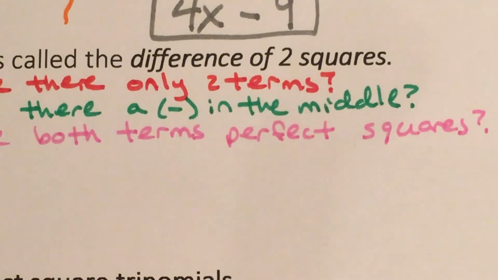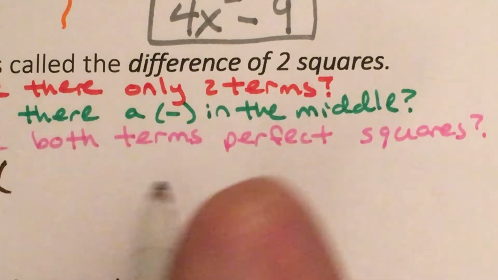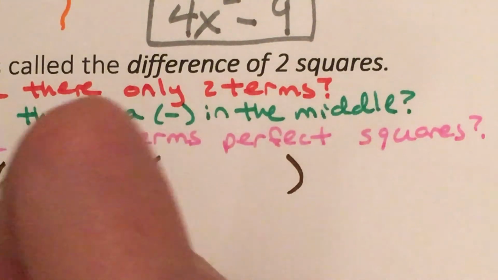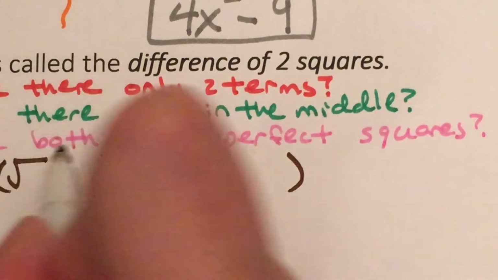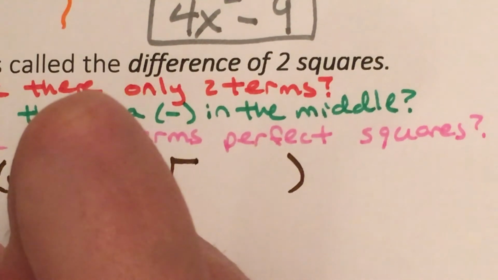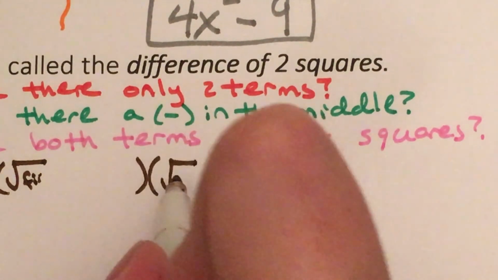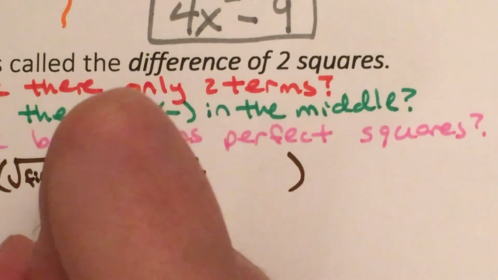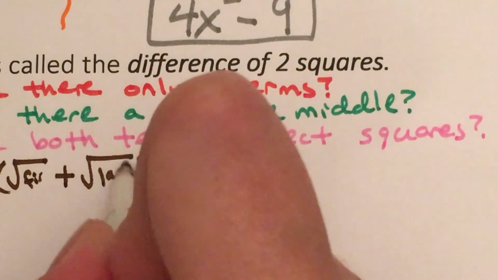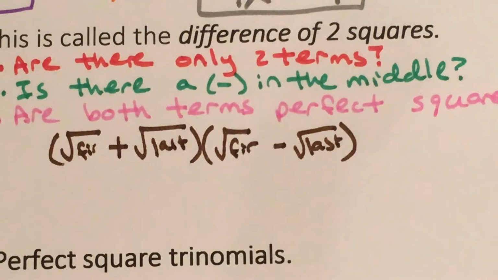If that is the case, we can even set up the two binomials. It'll be the square root of the first. We have a plus, we have a minus, we have the square root of the last. That's what we're doing.